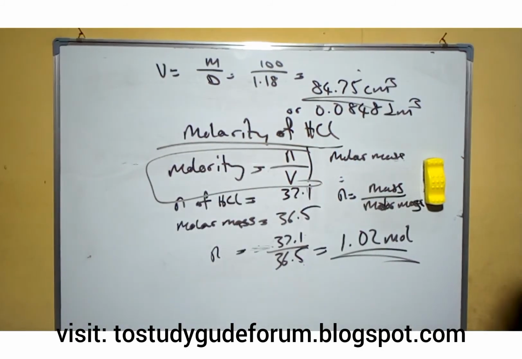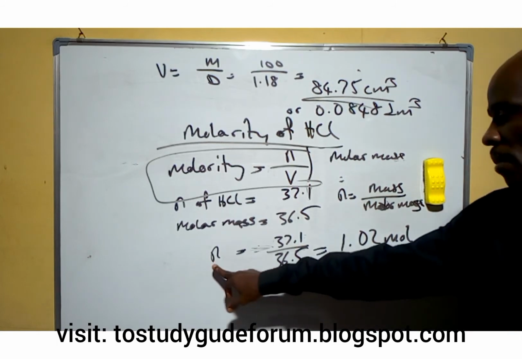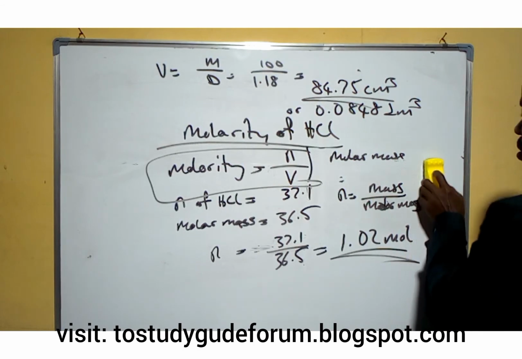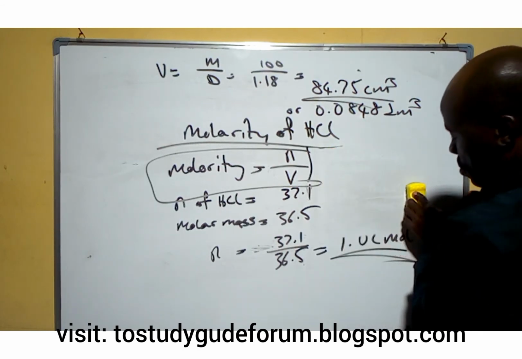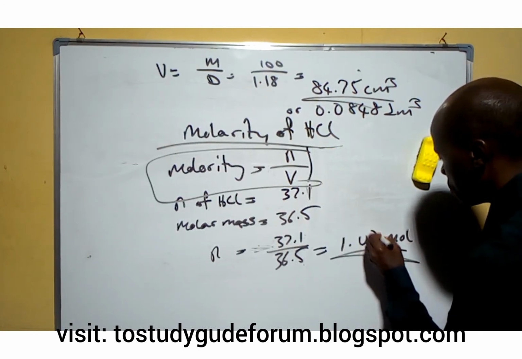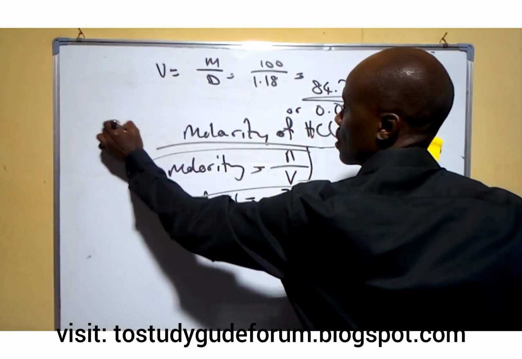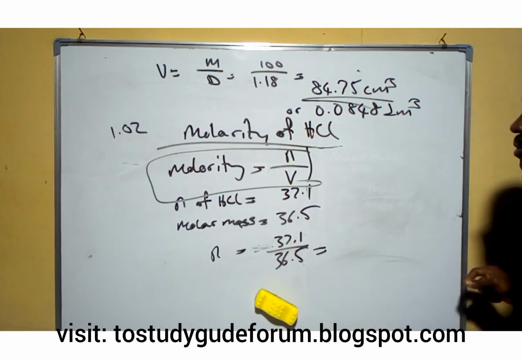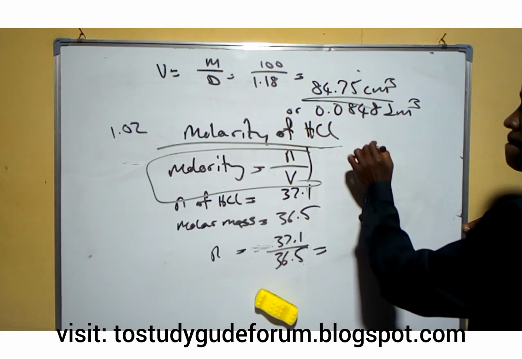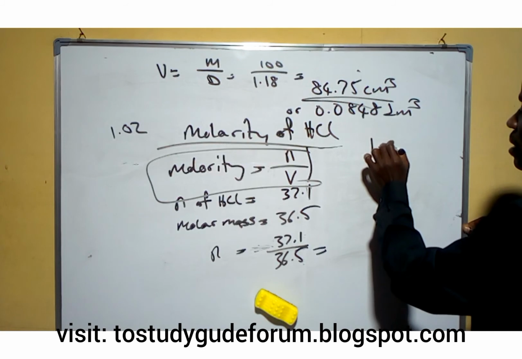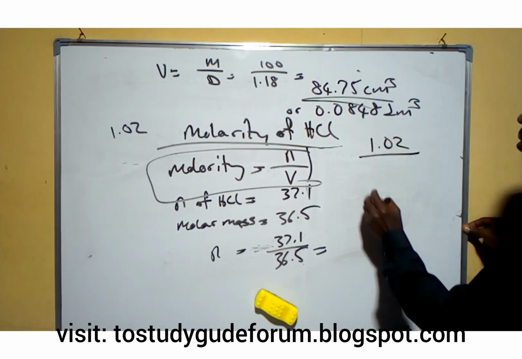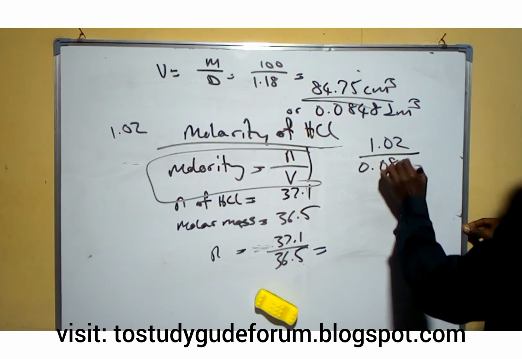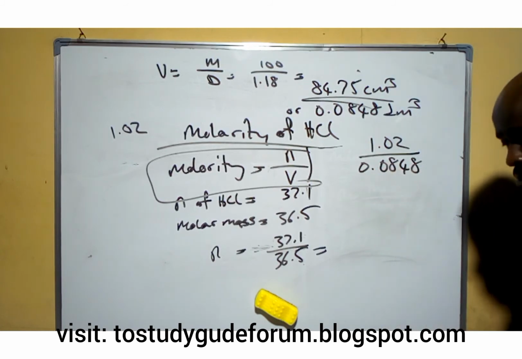We can then get this done. So we have the amount, we have the volume. Since we have the volume, what we'll do next is the amount, 1.02, over the volume.